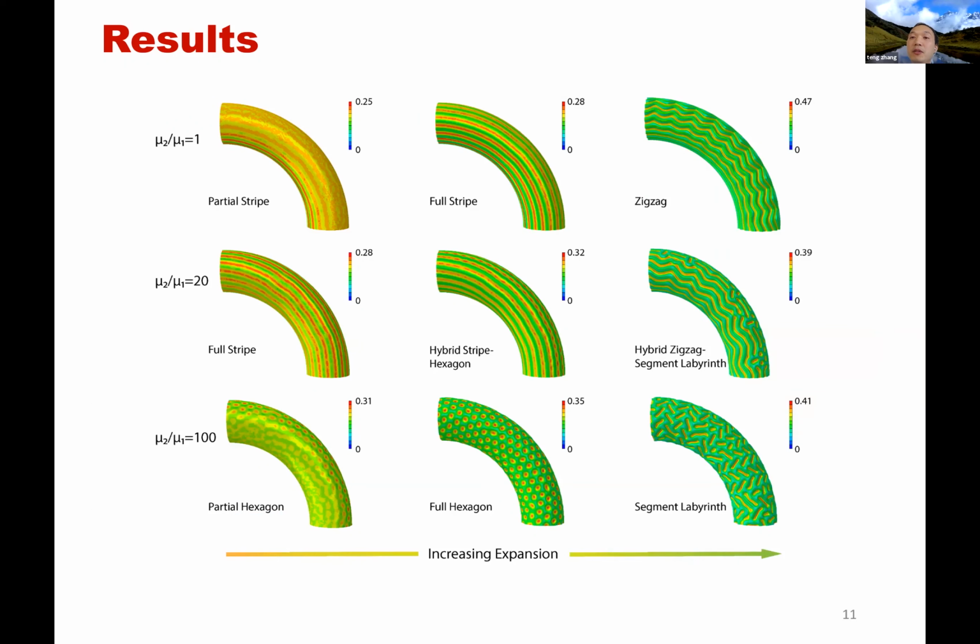But many people in experiments use metal on PDMS, where that ratio is 1000. People already know that is a chaotic system, so many things can happen, and you cannot have a very clean phase diagram.